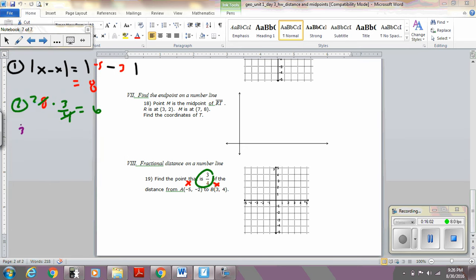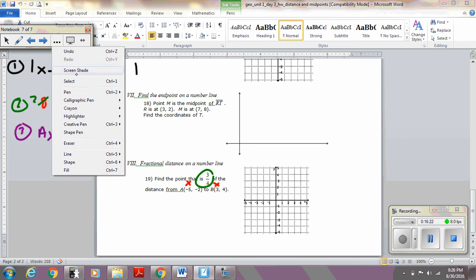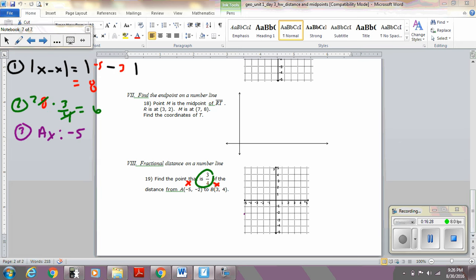And then lastly, you're moving in the direction from A to B. So our starting point is point A. And A's x value is -5. Here, we're at -5, 2.